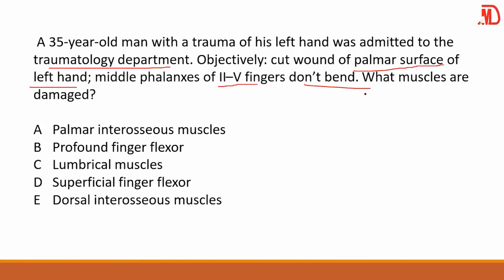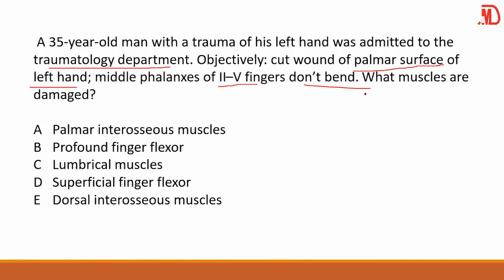That's like being, they say, a stingy boys association. So close your hand. That means I cannot bend. So what muscle is responsible for that? That is what the question is. And over here, the muscle responsible for that is the flexor digitorum superficialis.